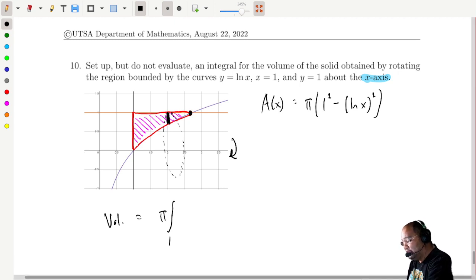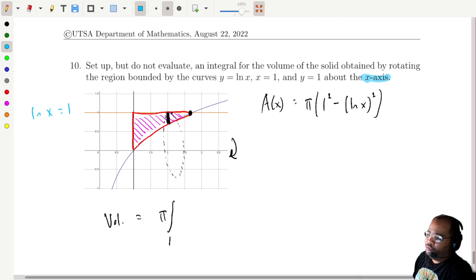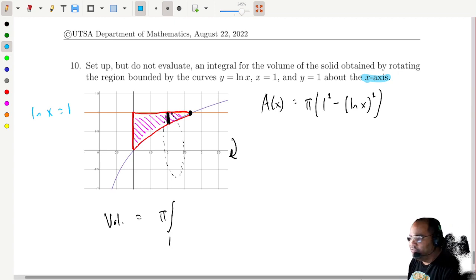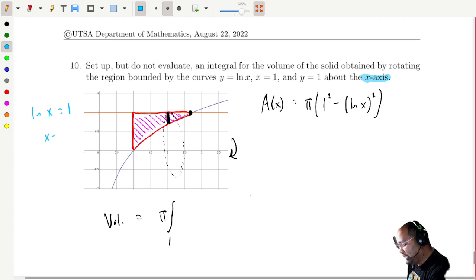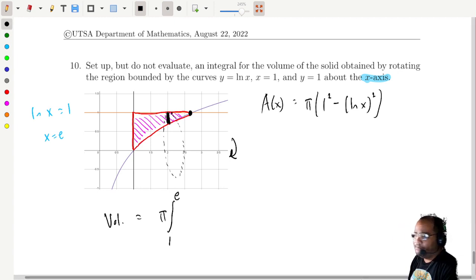So I need to figure out where log of x, natural log of x, is equal to 1. And we remember that log and e are inverse functions. And we'll see that x equals e. Integrating from 1 to e, that magic number e, okay? 1 minus log of x squared dx.